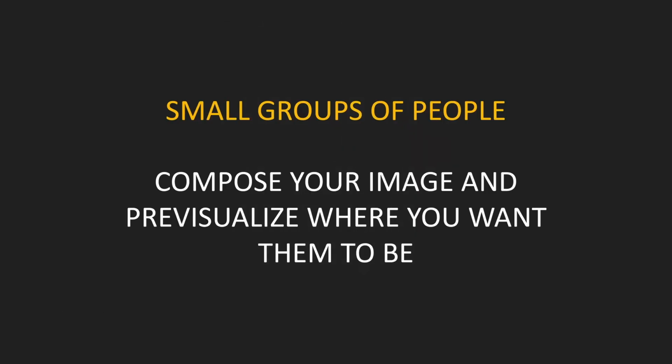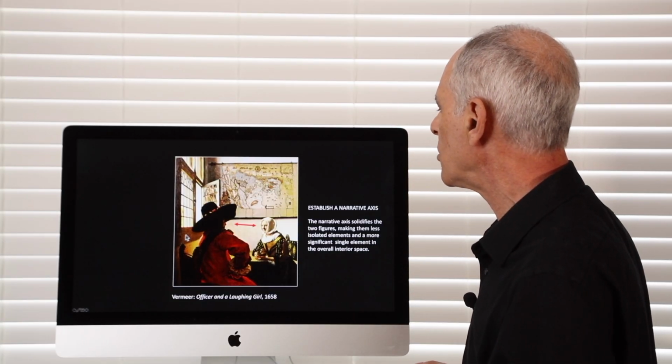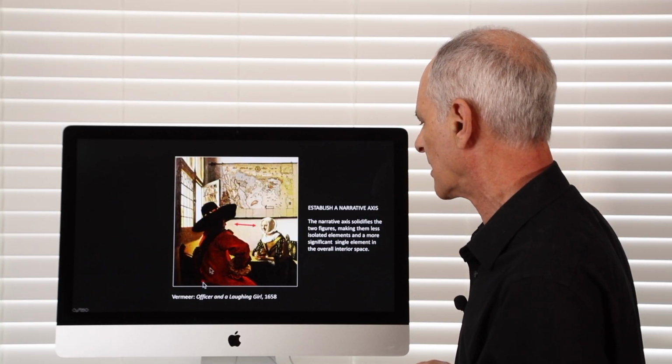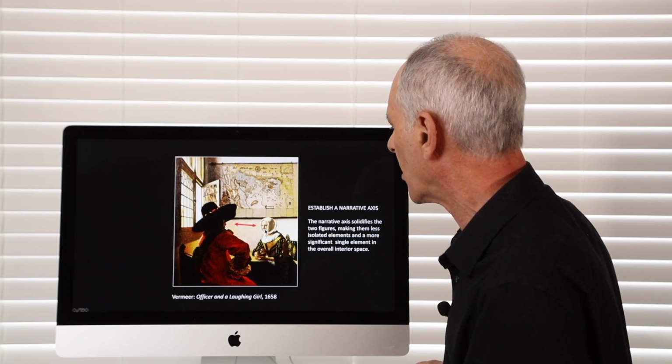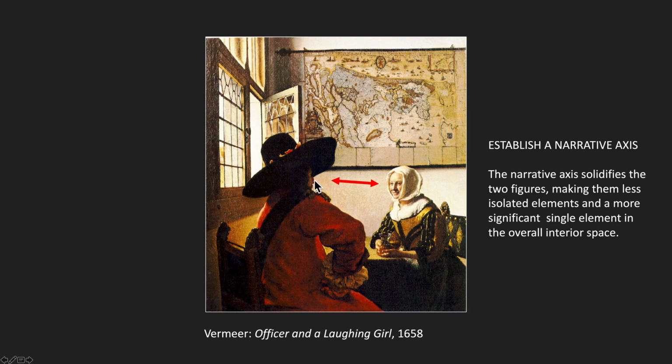Now, small groups of people, compose your image and pre-visualize, if you can, where you would like the people to be. What's important is if you can establish a narrative axis, like in Vermeer's Officer and a Laughing Girl. And here's the narrative axis. He's looking at her, she's looking at him.